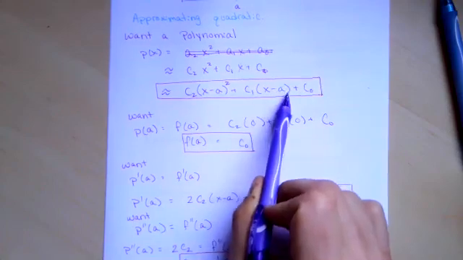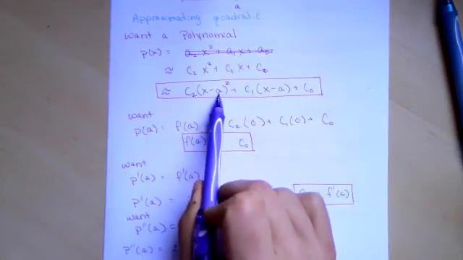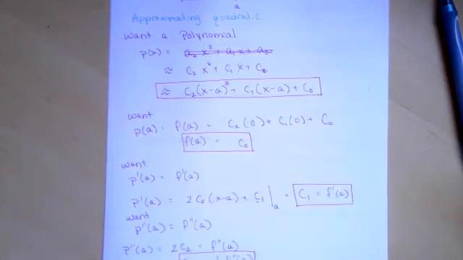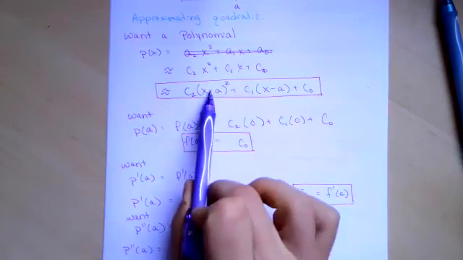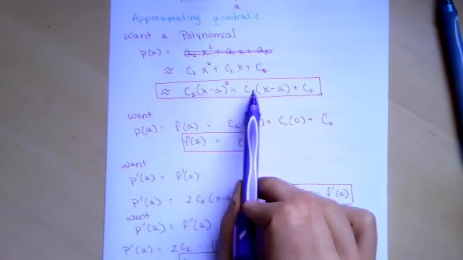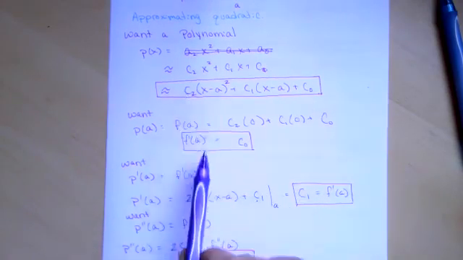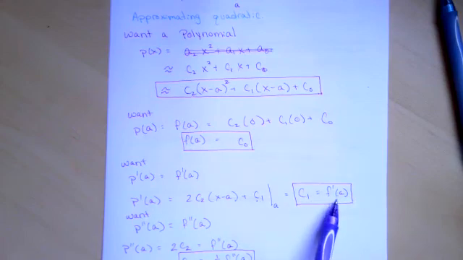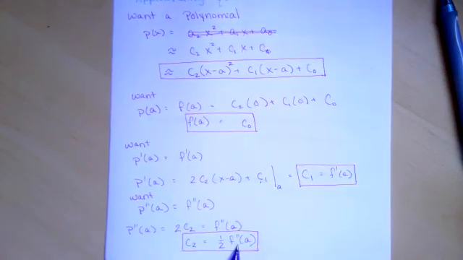We essentially just shifted all of our variables to x minus a so that it's centered at x equals a. And then we were able to solve for what these constants need to be in terms of the function that we were given.